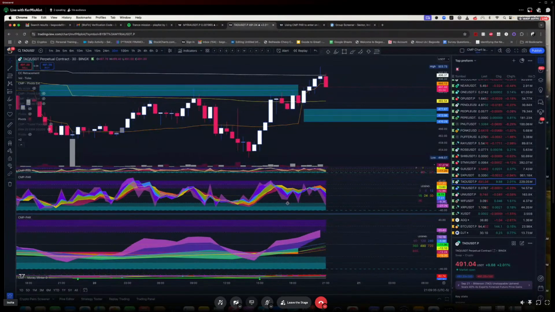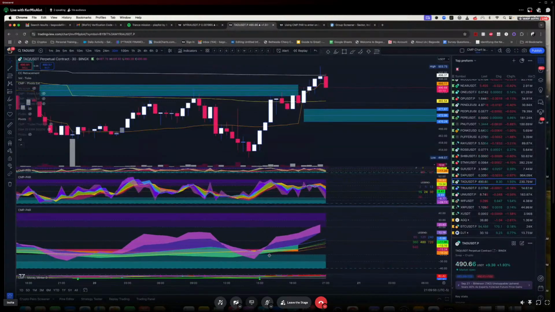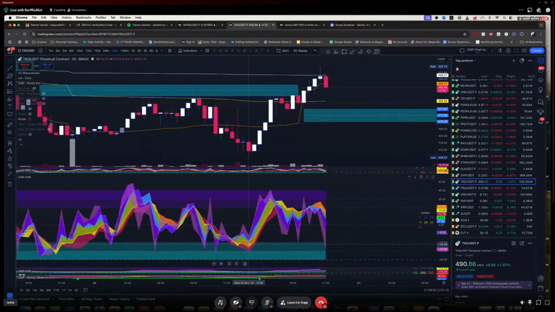If you see both of the ribbons making par gaps together, right here, nice gap, all the lines converged. They're coming up, bouncing off the oversold territory. And you also had confirmation with the scalp time frame as well, right here. This is your entry candle right here, 5-minute close confirmation.